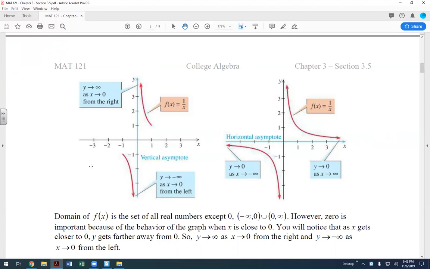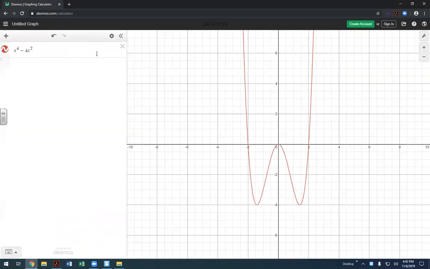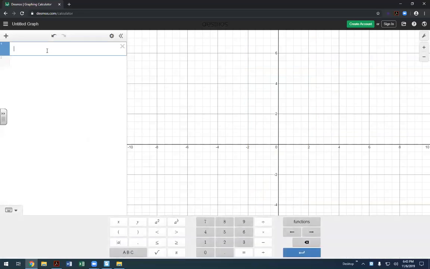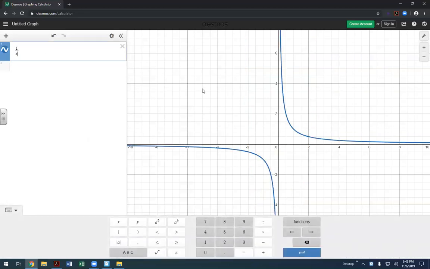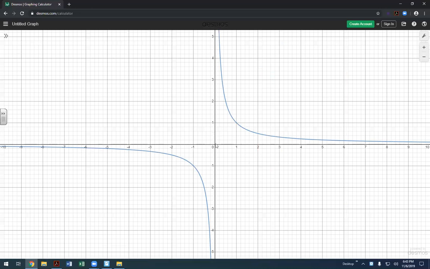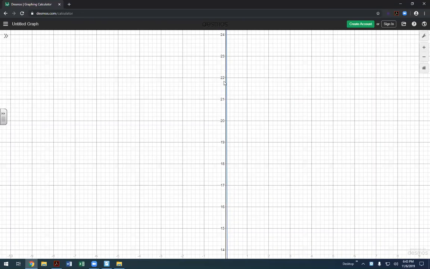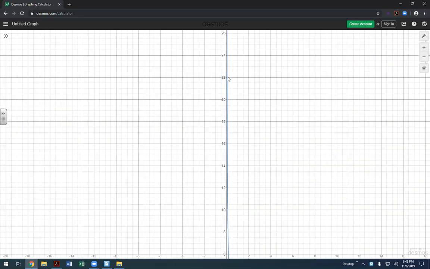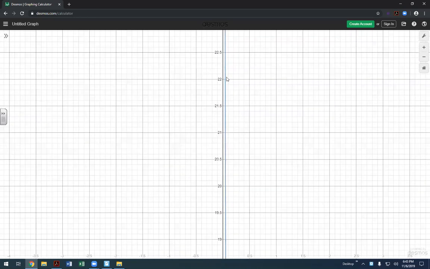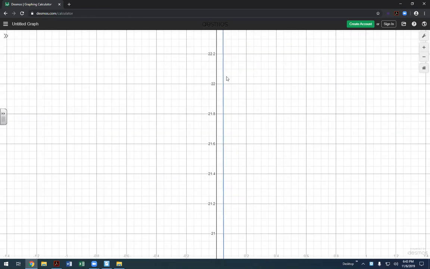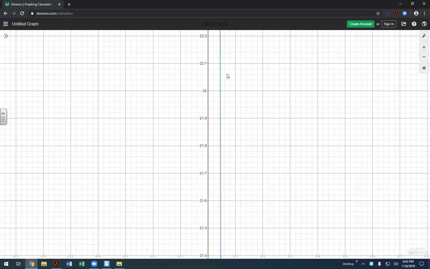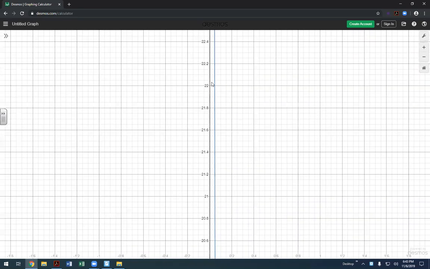And just to show you, again, let's go back to our decimals here and take 1 divided by x. So this is what the graph looks like. Let's go up a little bit. And at this point, it looks like, of course, our two lines are overlapping, right? The y-axis is overlapping with the graph itself, but as you zoom in, you'll start noticing that gap between the y-axis itself and the graph, which is in blue.